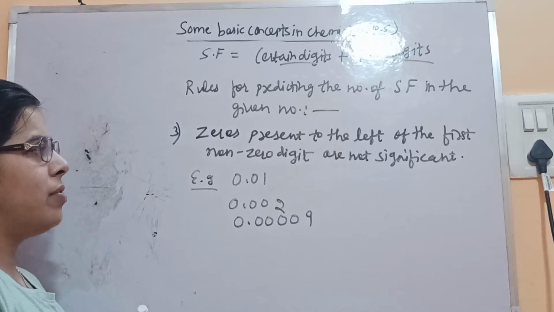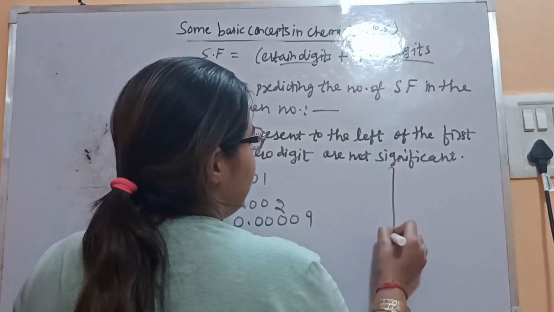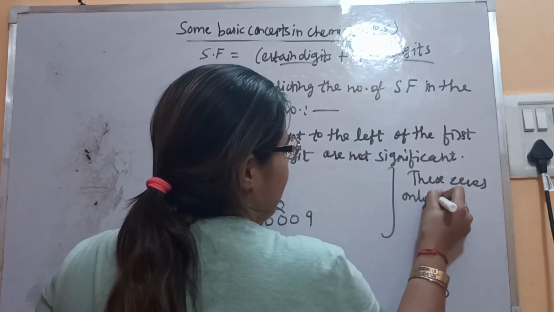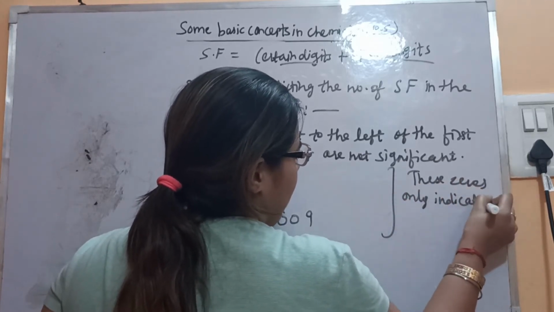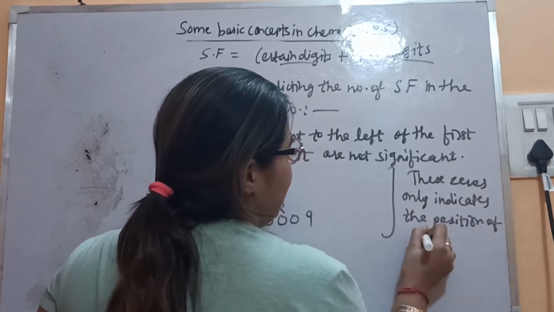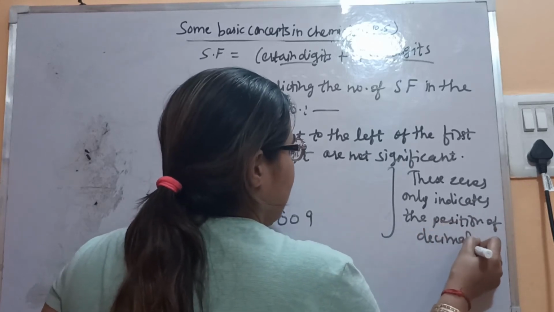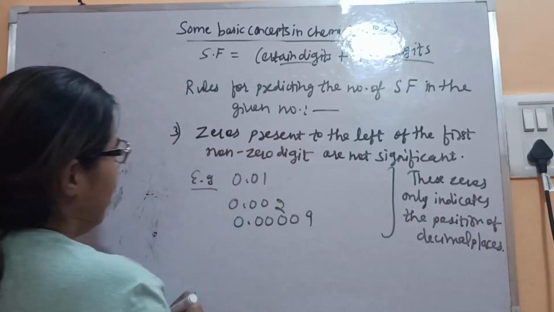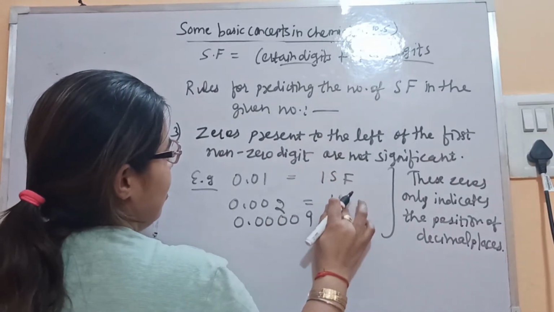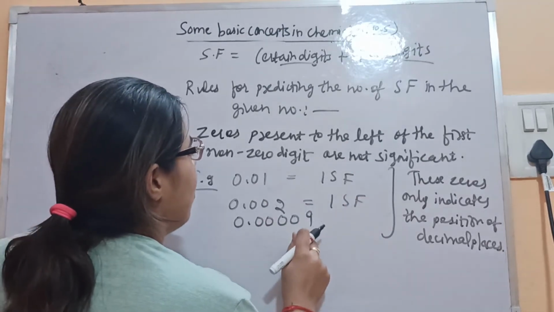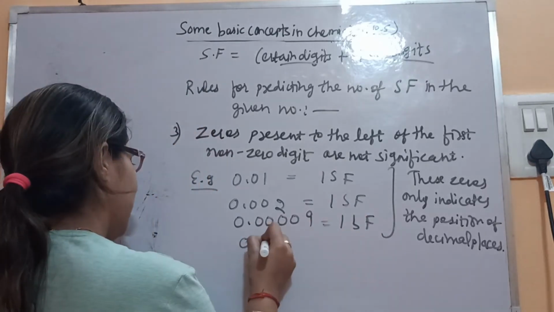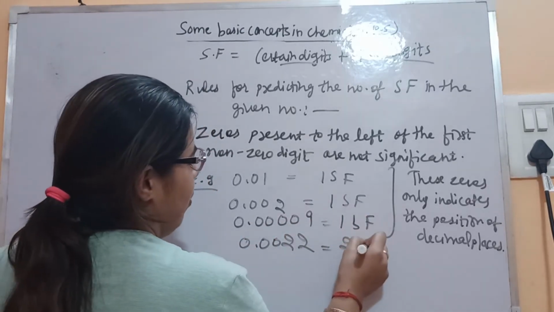They are not counted. So here only one significant figure, here also only one. Don't count 1, 2, 3, 4, 5, 6. No, it's not significant. For example, if I say 1.0022, here 2 significant figures like this.